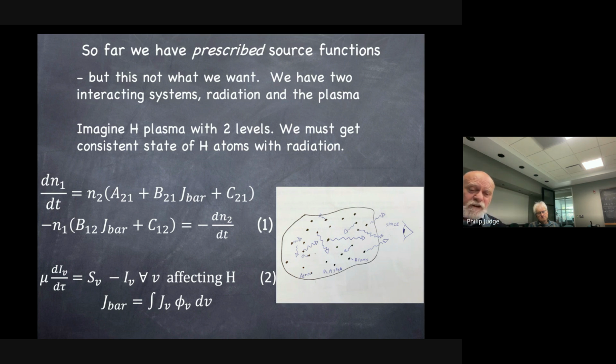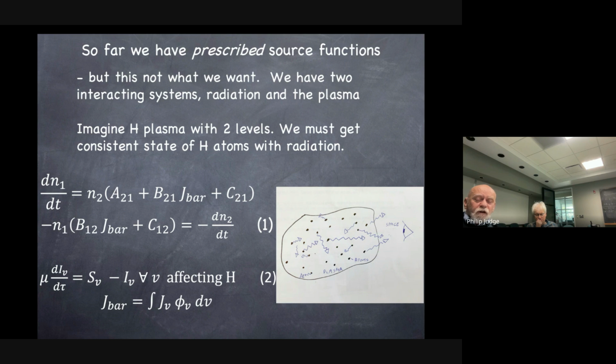And you can see that there's two kinds of terms here. One is the radiative term with the J bar and the A, and the other one is the C12. And what's this? This is the collisional ones we were talking about earlier, where you have inelastic collisions that make the hydrogen atom jump from level 1 to level 2, whatever those levels are, okay?